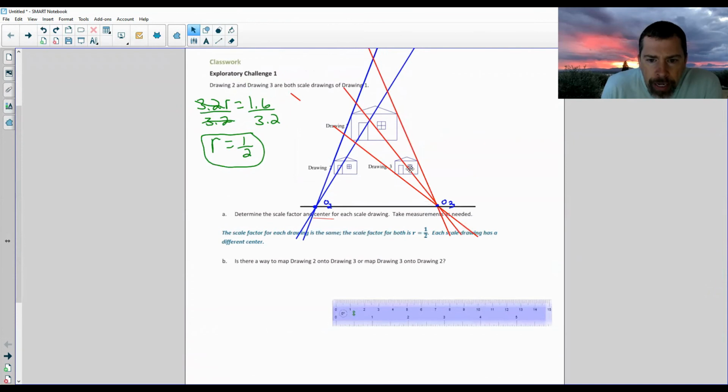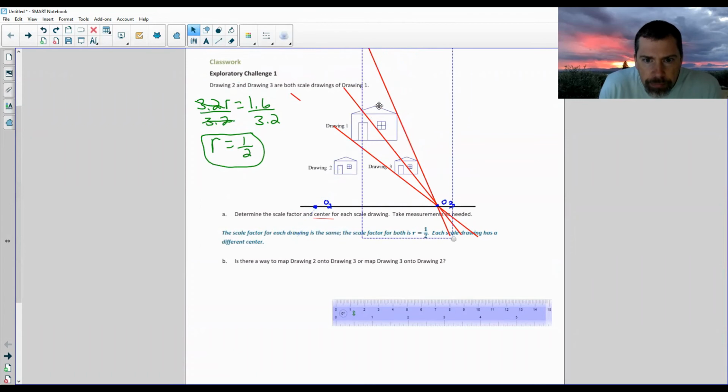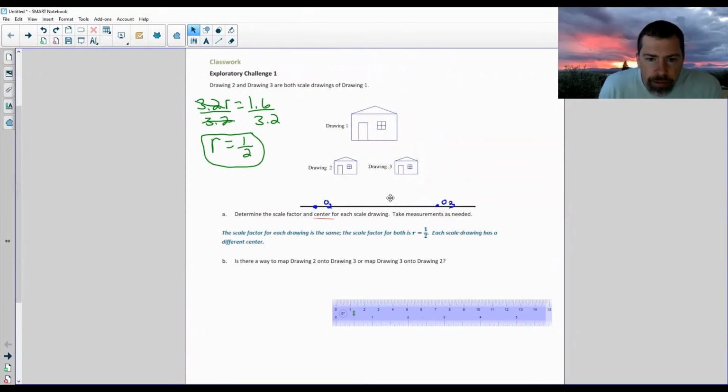Okay, can I map? So if I erase these rays, what they're asking is there a way to map 2 onto 3 or 3 onto 2? So if I drew this line from the top to the top, my center of dilation would be somewhere on this line.